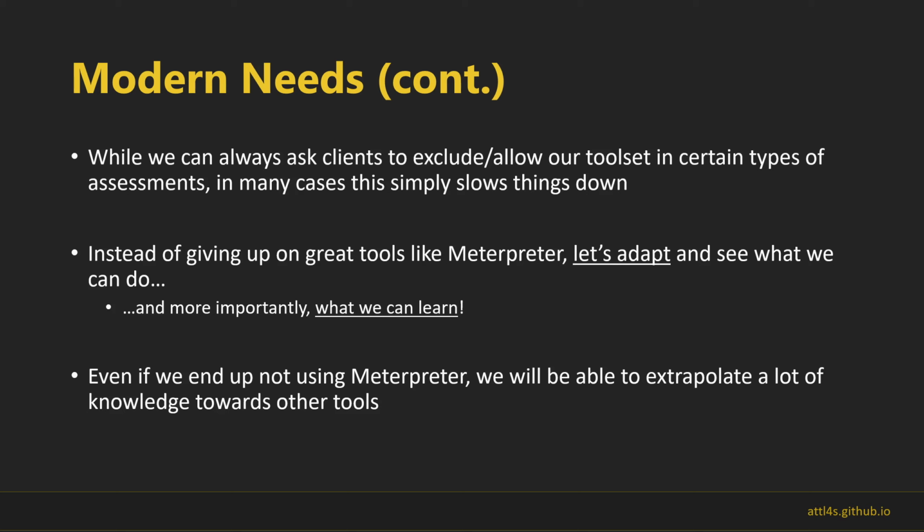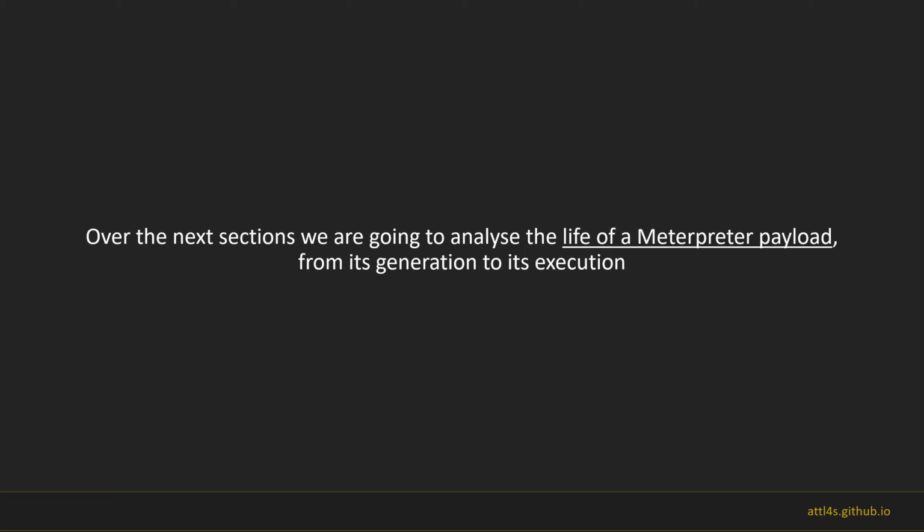How can I modify that executable recipient to avoid silly detections? Okay. And as a final point, it doesn't matter if you don't use or won't ever use Meterpreter. I think it's going to be interesting to understand these things for Meterpreter to extrapolate towards other tools.